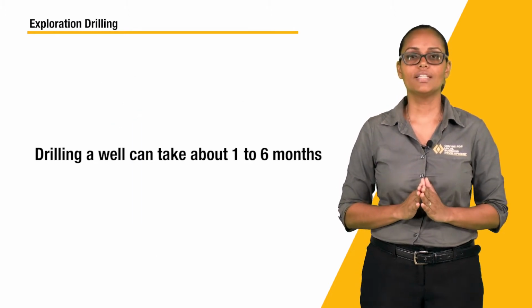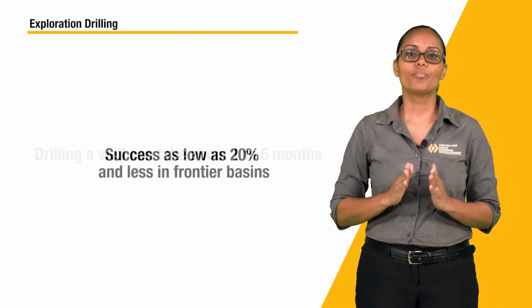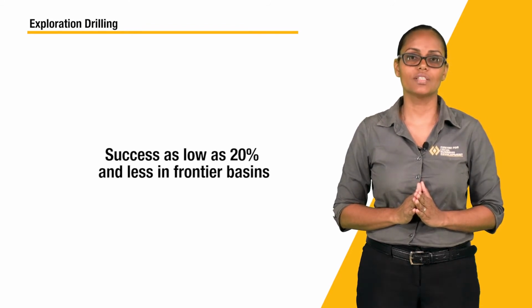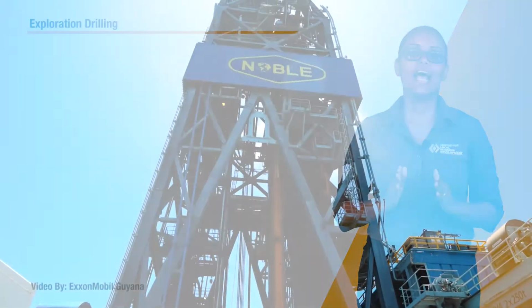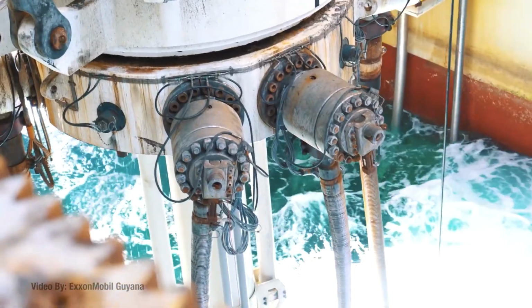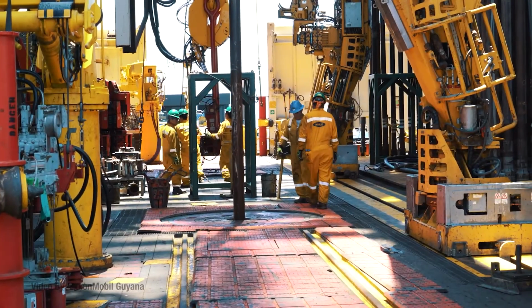Drilling a well can take about 1 to 6 months and is very risky, with the probability of success sometimes as low as 20% and less in frontier basins. The key asset is a drilling rig. For deep offshore exploration, drill ships and semi-submersibles are most commonly used.